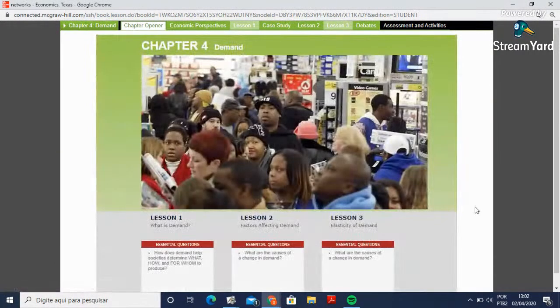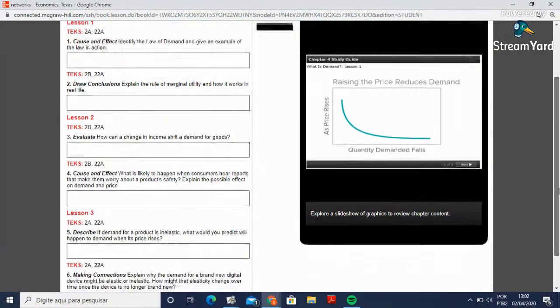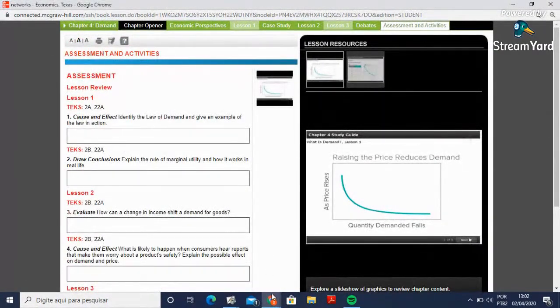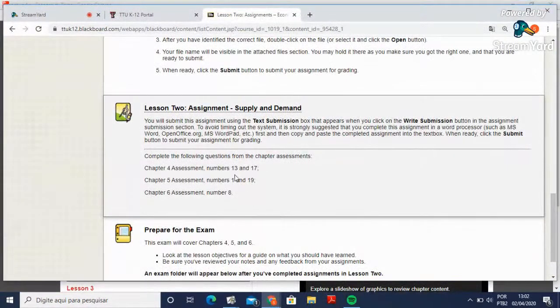Let's go to Assessments. This is assessment, okay? Let's go here. You will answer 13 and 17. Then you will go to Chapter 5 Assessments, number 1 and 19. You will answer. Chapter 6 Assessment, number 8. You click here.